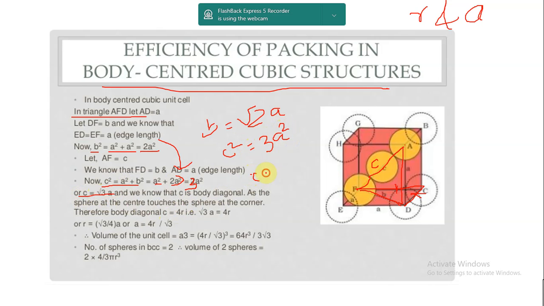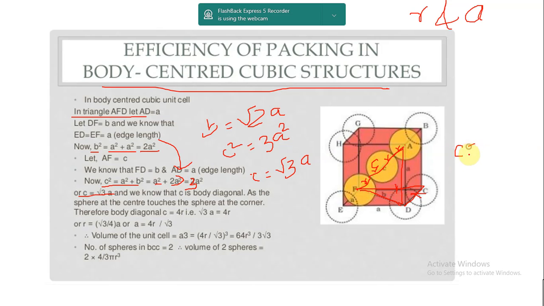C equals root 3 A. And what is C? If you see, C is this radius plus this diameter plus this radius. So C equals R, R, R, R: 1R, 2R, 3R, 4R.